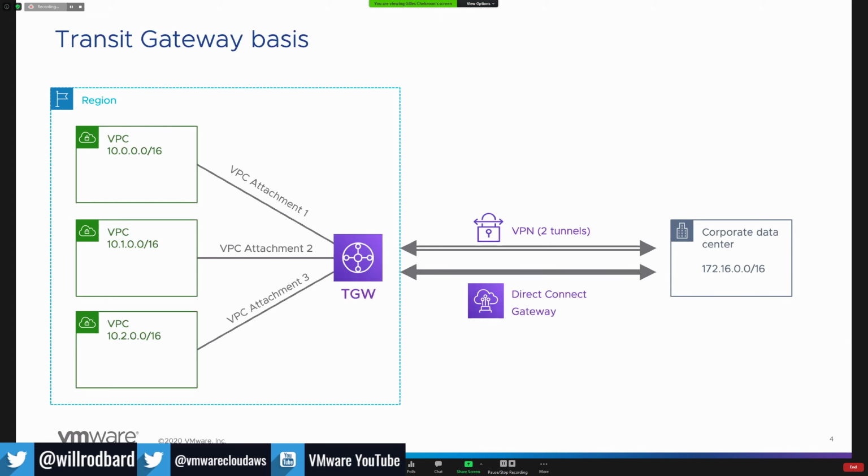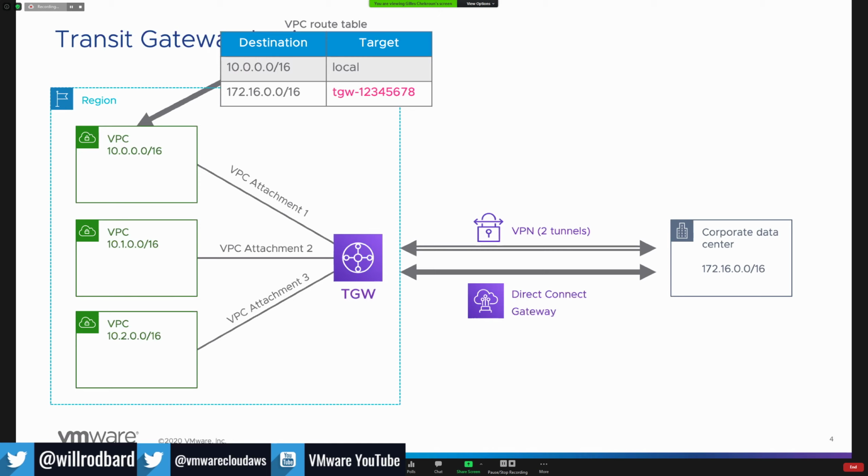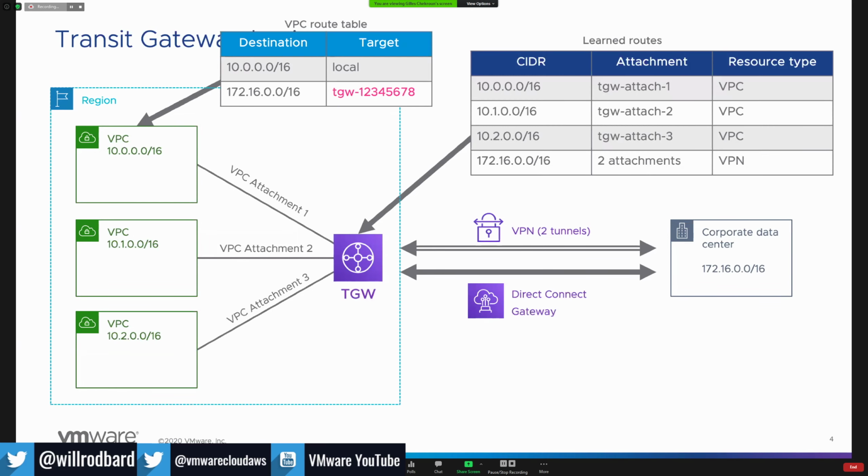So it's quite simple. If we look at the routing table on the VPC, you stay local with 10.0, but if you want to go to on-prem like 172.16, then you just send your data to the transit gateway. And the transit gateway will have the intelligence to know where to send the data over VPN, over direct connect, or any other type of connection. On the other end, the transit gateway learns a lot.